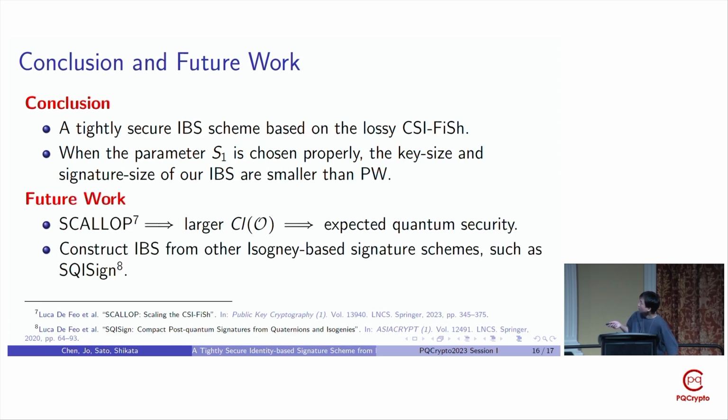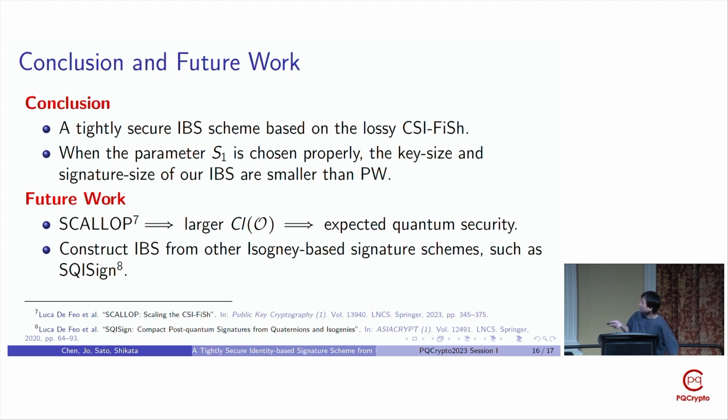For future work, there are still some controversies about the quantum security of CSIDH. So in order to achieve some expected quantum security, we may need to compute the structure of a larger ideal class group, and this may be achieved by the technology used in Scallop.